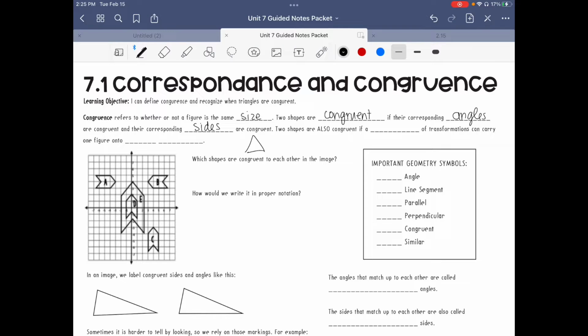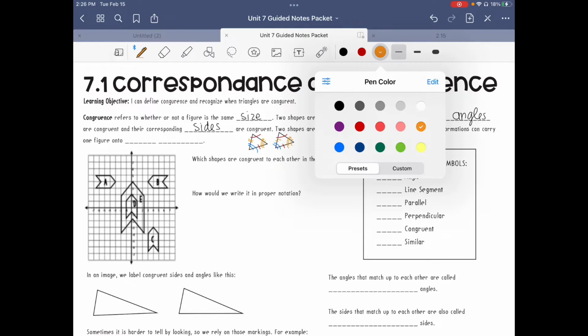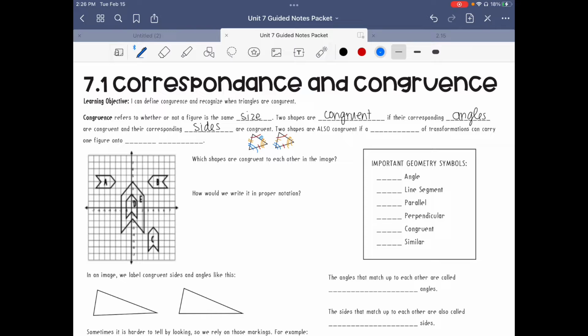So for example, we would give you this triangle here, and we would say, okay, there's this other triangle over here, and this angle is the same as this one, and this one is the same as this one, and this side is the same as this side. If you had all that information, you could say they were congruent.